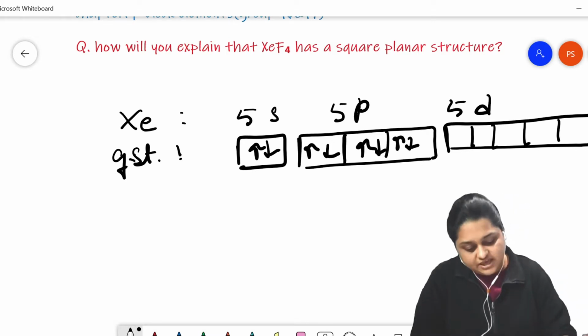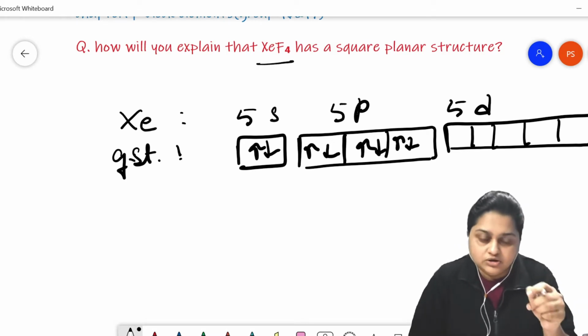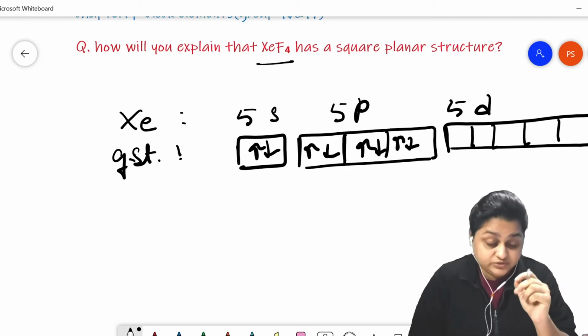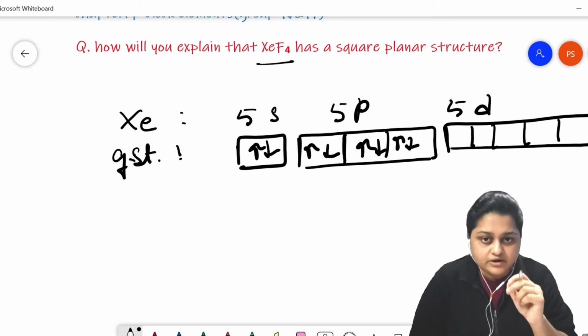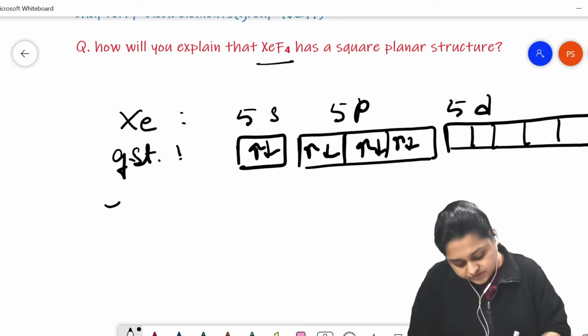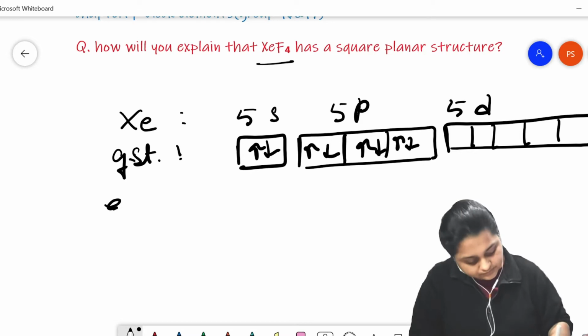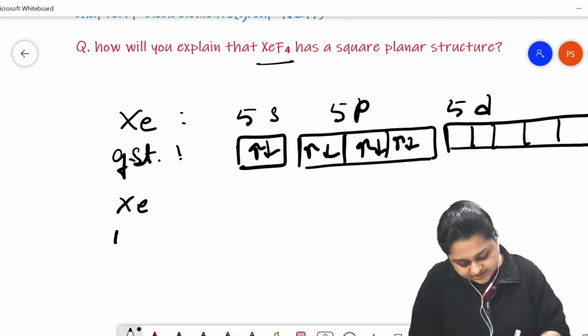Now, XeF4 has 4 sigma bonds between the xenon and fluorine. So xenon, the central atom, requires 4 unpaired electrons. So xenon will have an excited state in XeF4.